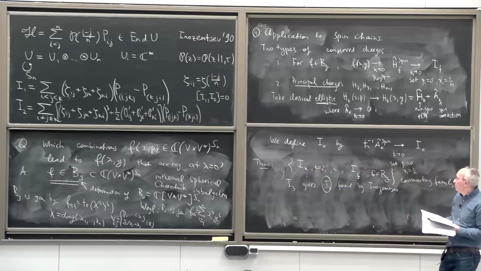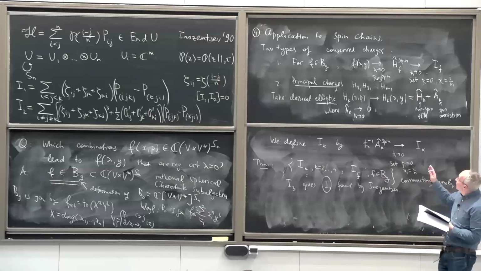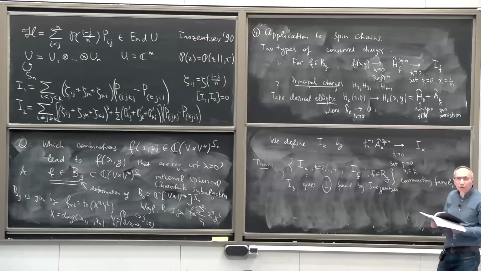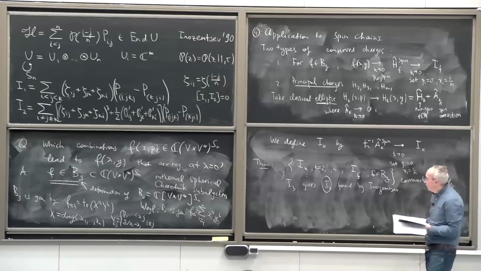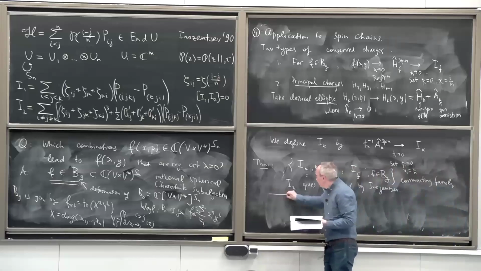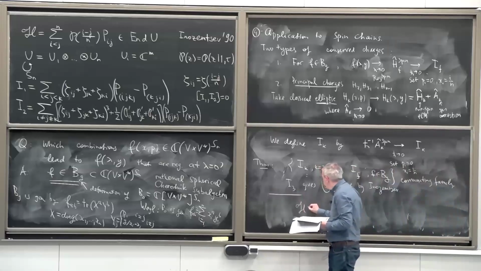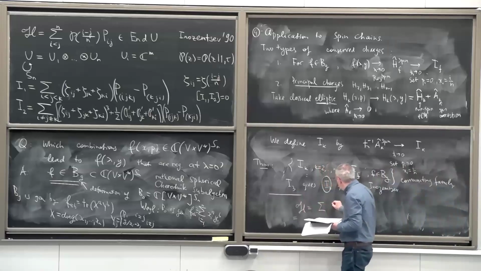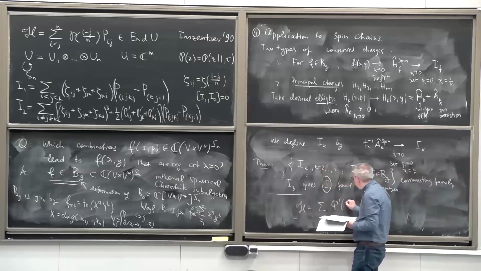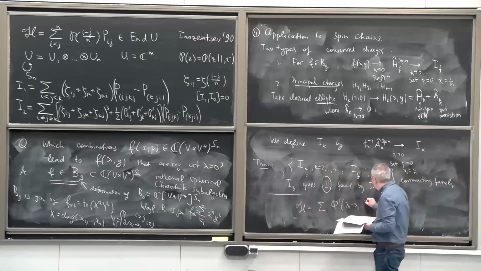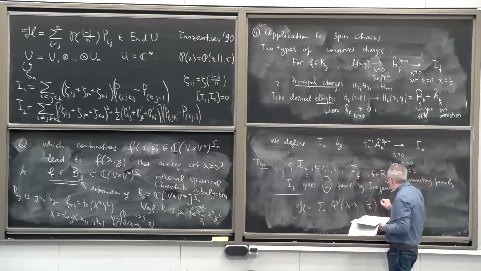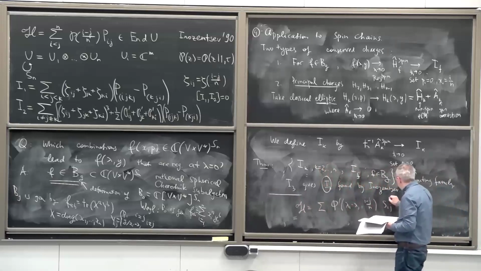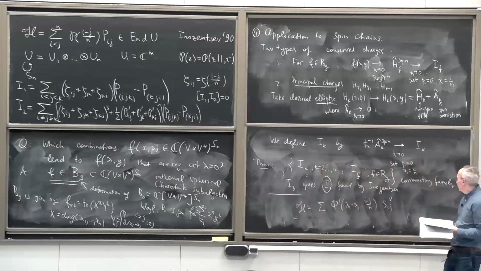Okay, just one sentence. If you play this game but don't set lambda equal to 0, you arrive at a Hamiltonian which looks like this. I'll write it with a hat, with a check.